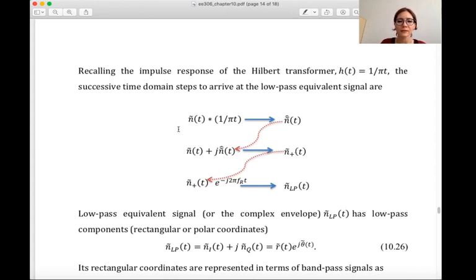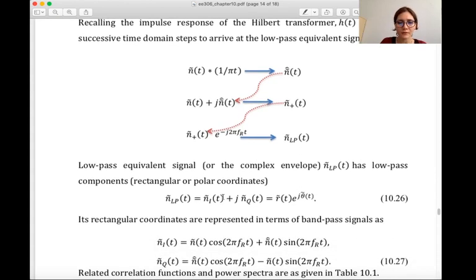N is a real-valued process. N hat, the Hilbert transform, is also real-valued. N plus is a complex-valued process, so let's skip it for the moment. N_LP is also a complex-valued process. Why? It has an N_I part plus a Q part, so it's complex-valued. Let's skip to what N_I and N_Q are, because these are real-valued processes. So the N_I component and the N_Q component are real-valued. Let's look at what they are.